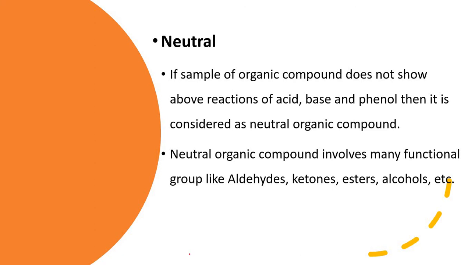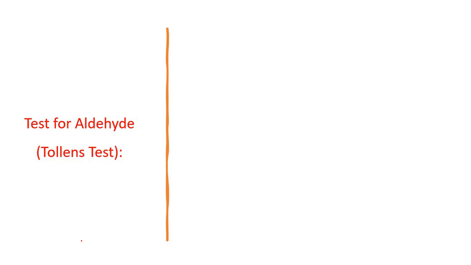There is a specific reaction for neutral functional group identification. We have to try the different functional groups that we are going to see now. Suppose the test for aldehyde, also called the Tollens test, in which we add Tollens reagent. Let us see this one by one.